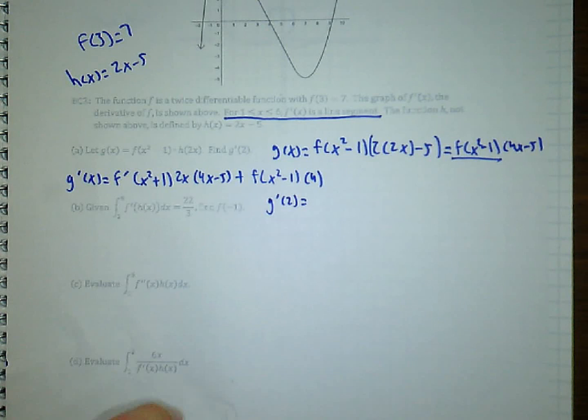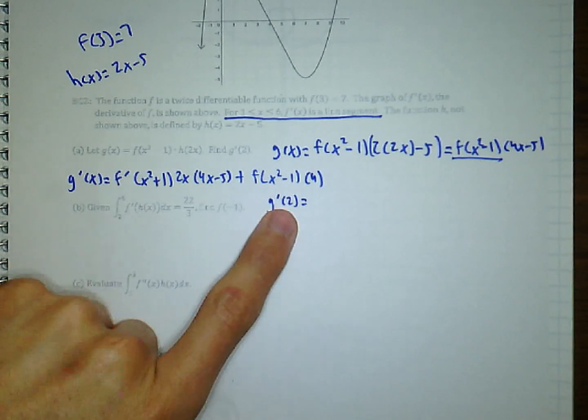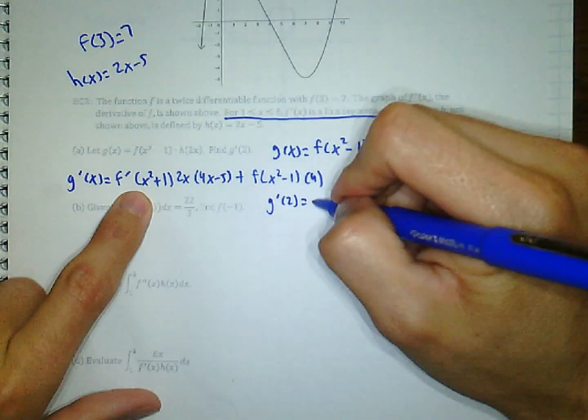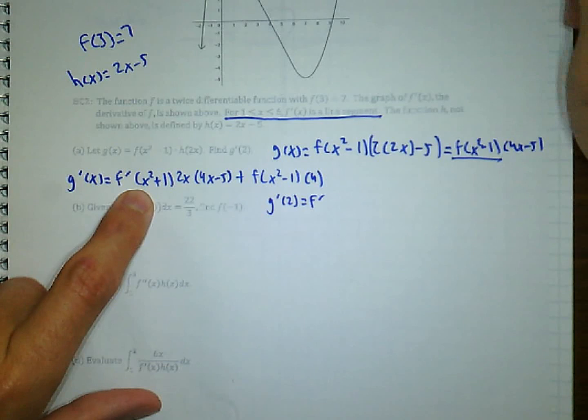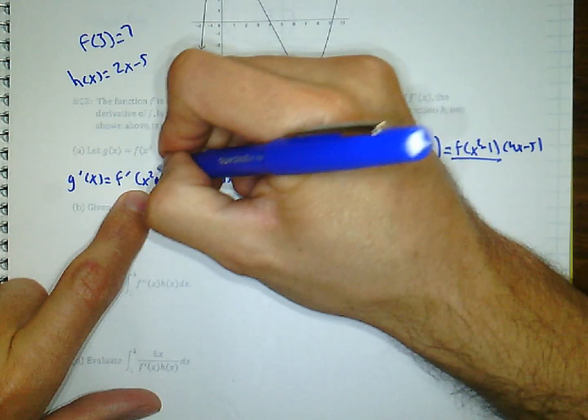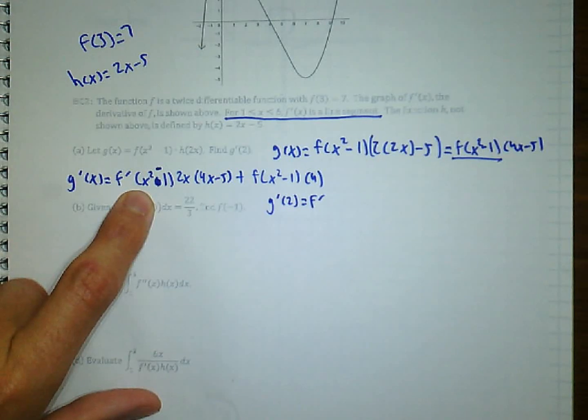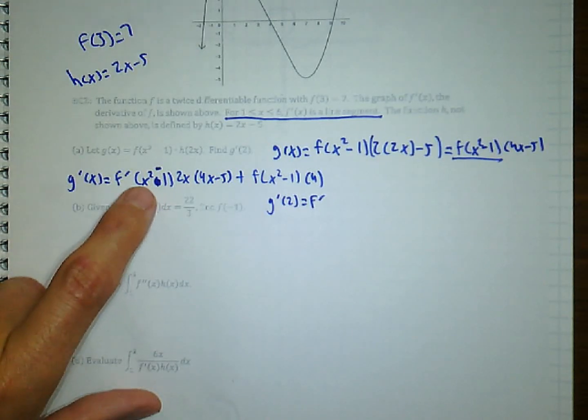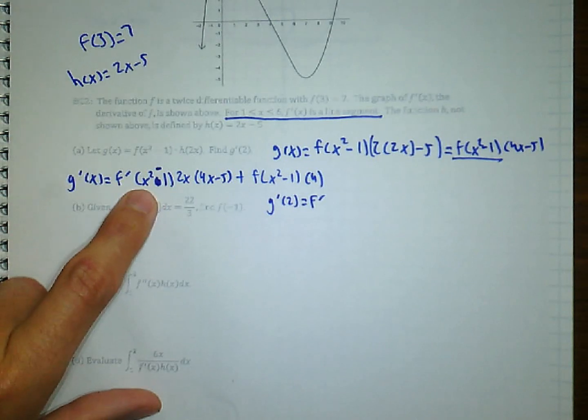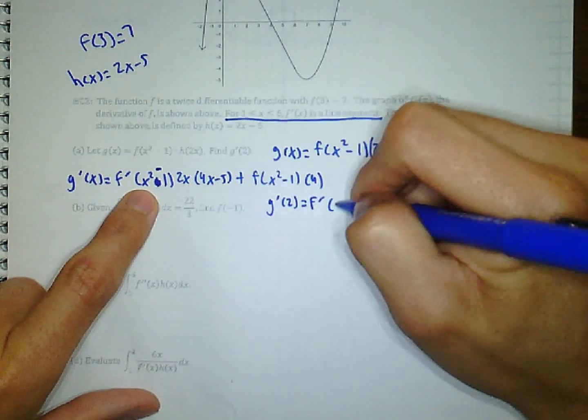Since you're going to be working this on your own, I'm assuming you're going to have a lot more room than what I have. I'm probably just going to have to grab some paper here in just a minute. But okay, what we're going to do is plug in 2. So it's going to give us f prime of 2 squared. I'm sorry, it's not plus, it's minus 1. My fault. You have to be very careful not to make those mistakes on the AP exam. So if I plug in 2, 2 squared is 4, minus 1 is 3, so that gives us f prime of 3.